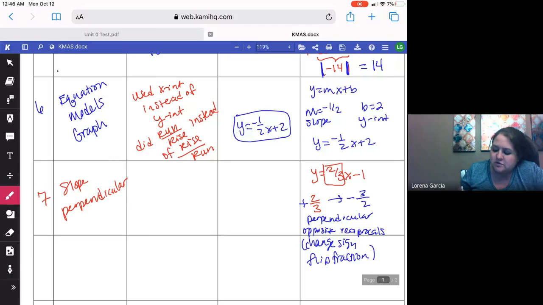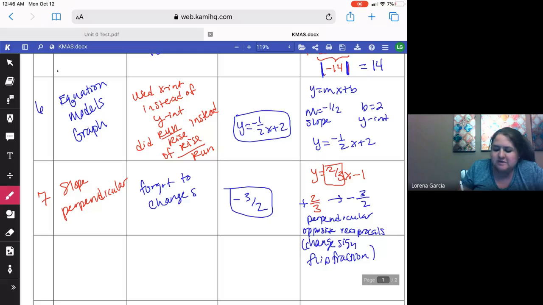So the answer was actually -3 halves. Their mistake, again, was forgot to change the sign. For mistakes, everyone's different, so your mistake might be different, but you're looking at your test and telling me what you did wrong. And then you're showing your strategies or work that helped you to get that correct answer.